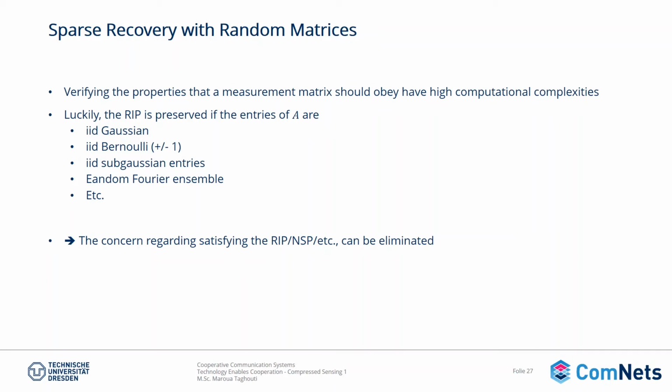done based on what you want or what the application requires better. For example, if you use Bernoulli coefficients, then you have less storage problem because Bernoulli could be zeros and ones or minus and plus ones. Zeros and ones require less storage and less computations compared to Gaussian.